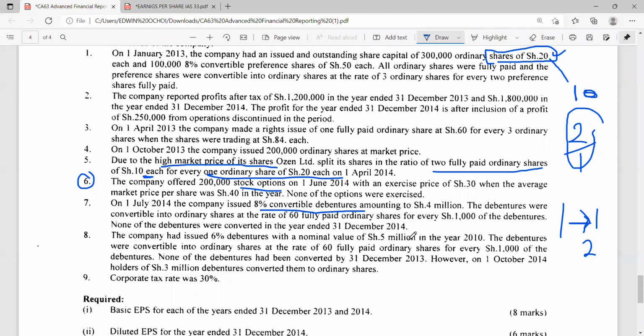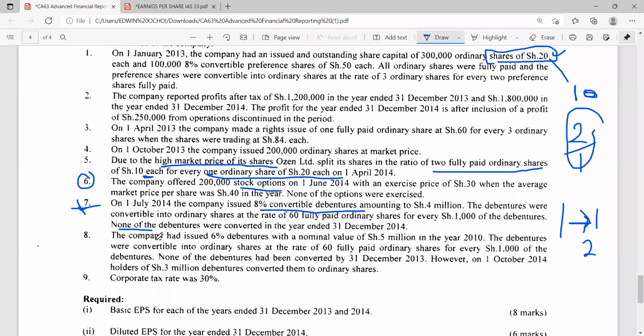That is just a proportion of conversion. They have not said that they have converted. If they convert, that is the proportion they will use to convert. They said none of the debentures were converted in the year to 31st December 2014. So we can't use this in basic.